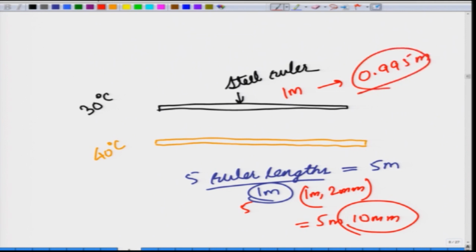So, when this ruler was constructed, the manufacturer did not take into account the very exact measurements, and in place of being a 1 meter ruler, it is slightly shorter. So, the errors that will creep into your measurement because of this are known as instrumental errors, because your instrument itself is faulty.